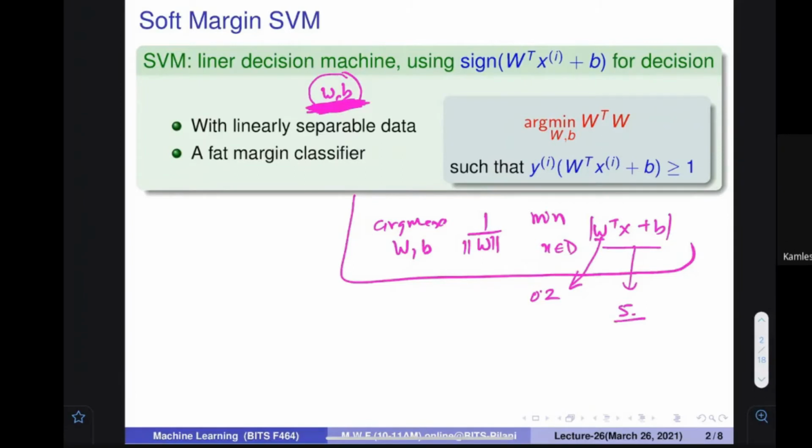If you come up with any minimum value, let's assume for the sake of argument that there exists a minimum value and that value is 5. I am saying that instead of using W, you use 0.2 W. 2W would also be the same thing, as we have seen a few minutes back, it is again going to be a similar kind of decision boundary.